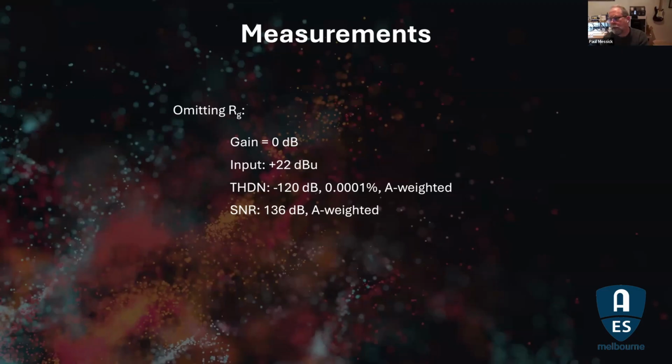Of course, A-weighted, it's slightly worse with the Apogee filter. Not a lot. I think it was like 117 completely flat. SNR 136 dB, A-weighted, again slightly worse without the A-weighting, but not by much because it's just white noise. 136 dB SNR is pretty darn good for a line input.